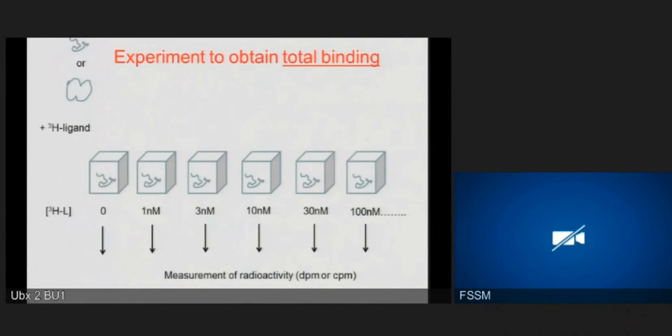Anyway, I think there is no better way to address the KD of a ligand toward one receptor. So, experimentally, you take different things. It can be this, look at this. Look at how ugly it is. Okay, you agree with me? This is ugly.